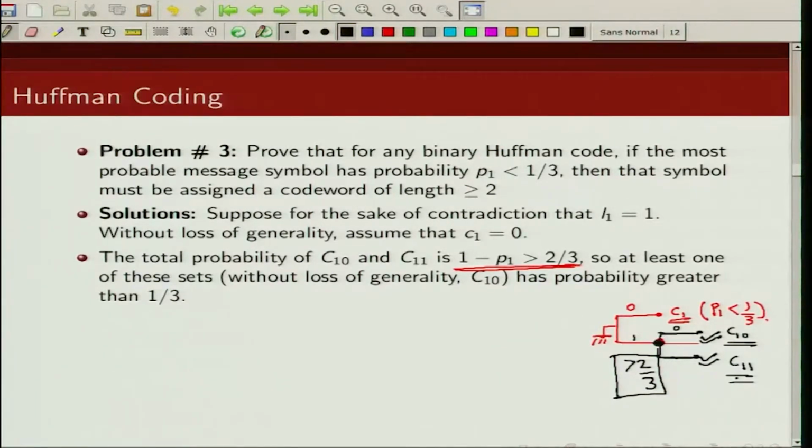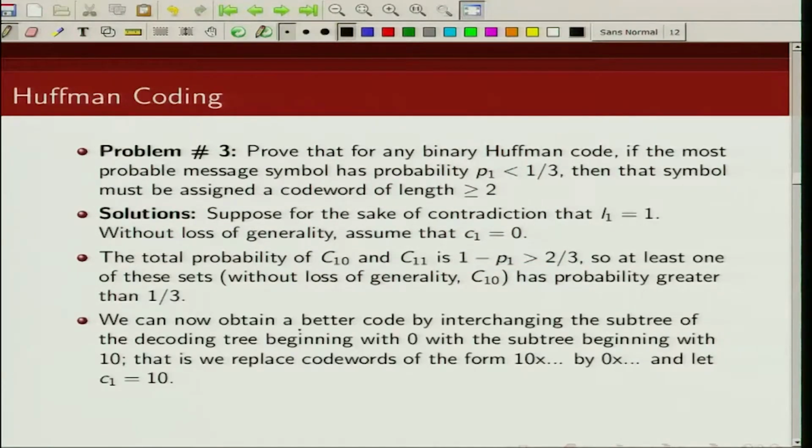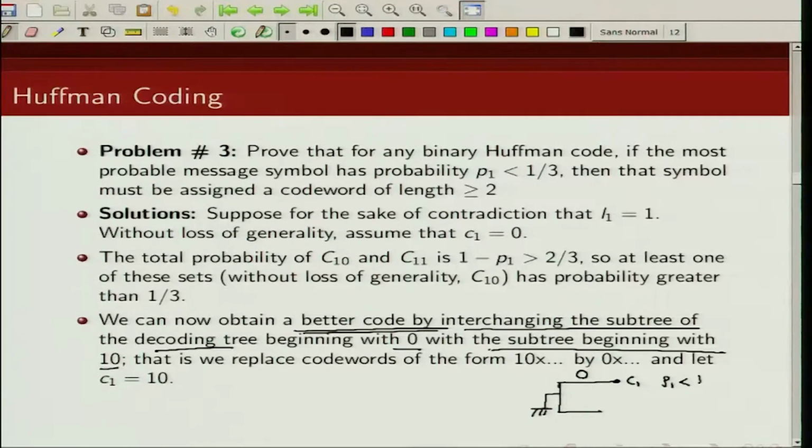Correct? Now if that is true, then we can obtain a better code by interchanging the subtree of the decoding tree beginning with 0 with a subtree beginning with 10. Now what are we saying? We have a situation like this. This is the most likely symbol which has been assigned a code word of length 1, and it has probability P1 less than 1 by 3. But we just found that this other node should have probability greater than 2 by 3.